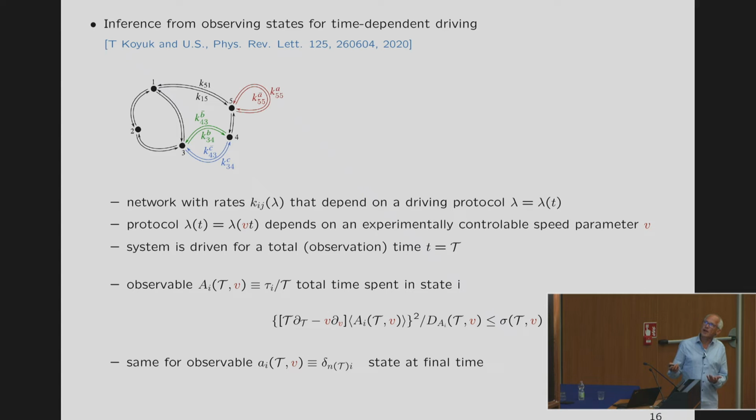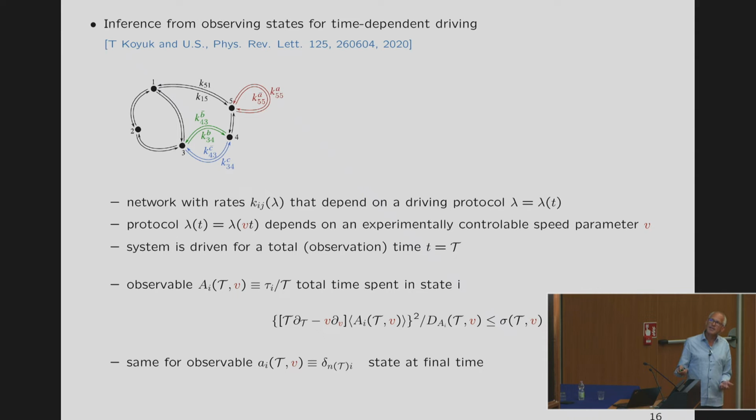So time-dependent driving means that these rates now depend on a control parameter lambda, which the experimentalist can change by turning a knob. And we assume that turning this knob can be done at various speeds. We observe the system at total time t.